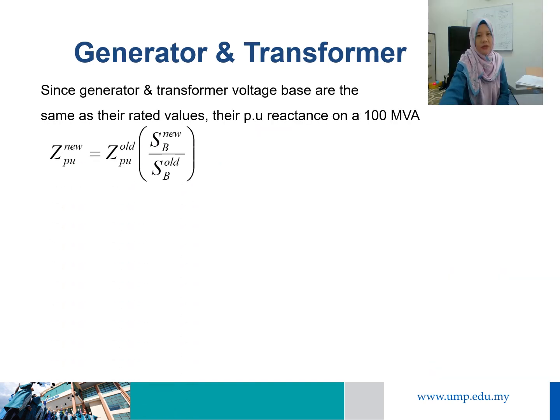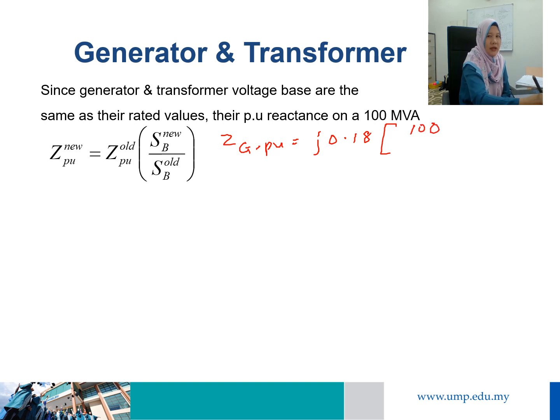So we can use this formula to find the new per unit impedance for the generator and transformer. The new per unit impedance for the generator is equal to the old per unit impedance of the generator, which is 0.18, multiplied by 100 MVA divided by the old base power of the generator, which is 90 MVA.